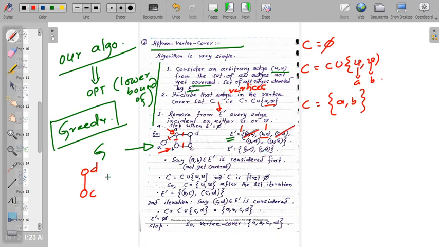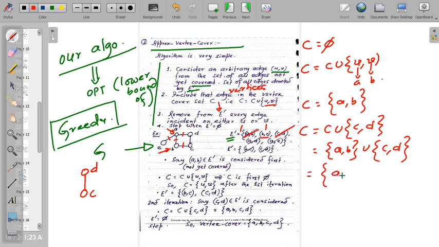There is no other option, and we have to include C and D. So C equals C union C and D. Here C is AB union CD, so it ultimately consists of A, B, C, D. This is the approx vertex cover.